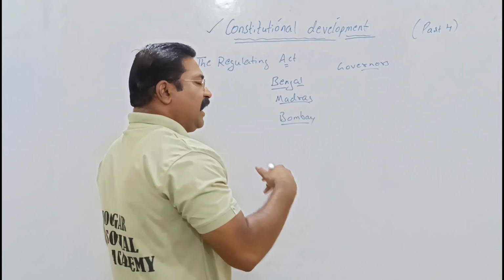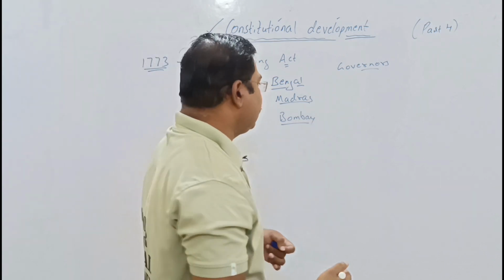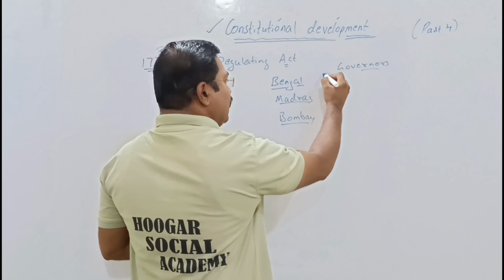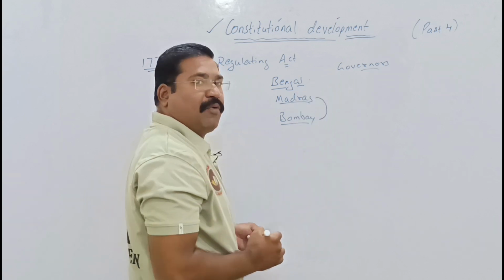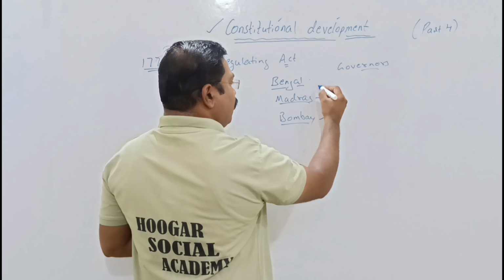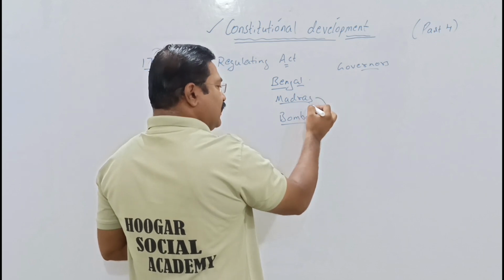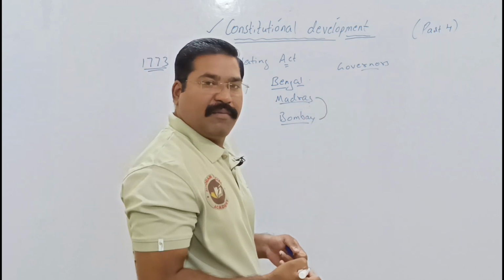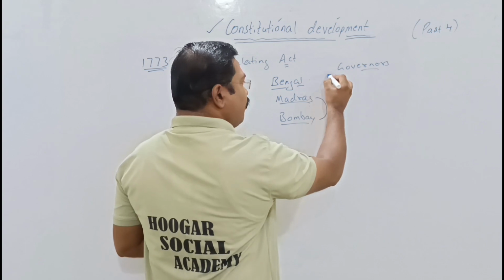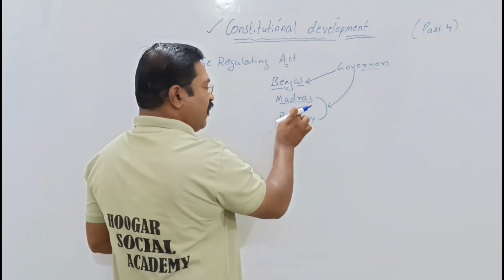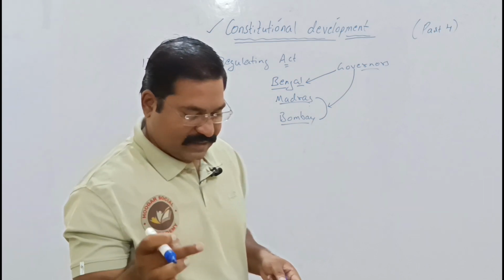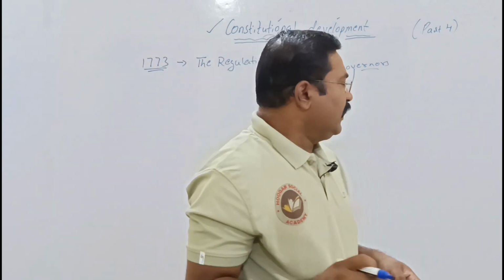Now according to this act, the Bengal governor was given authority over Madras as well as Bombay. So now the governor of Bengal is also the governor of Madras as well as Bombay.